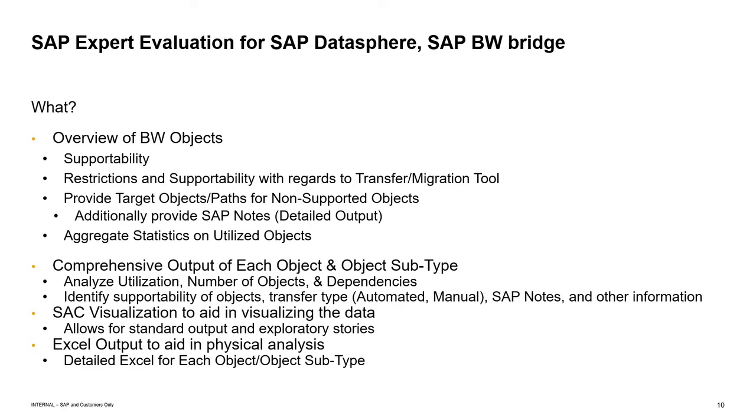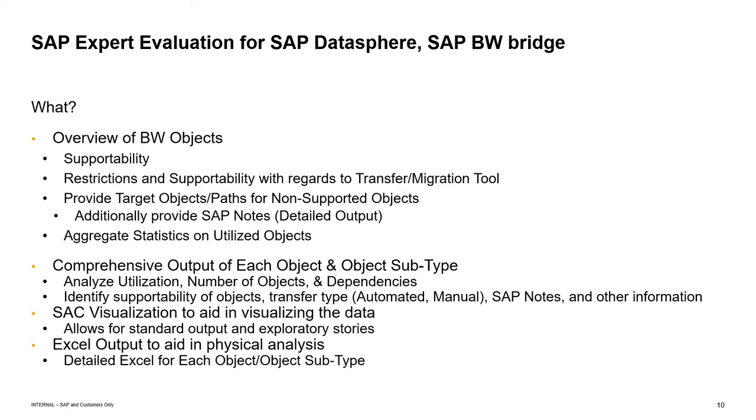You will see in some of the output that we leverage SAP for some visualization to make some nice summary dashboards. I find this to be helpful, especially when explaining how ready a system is for BW Bridge to, say, some upper management colleagues. And then again, the Excel output is helpful for those hands-on and technical colleagues that want to see line by line, object by object.